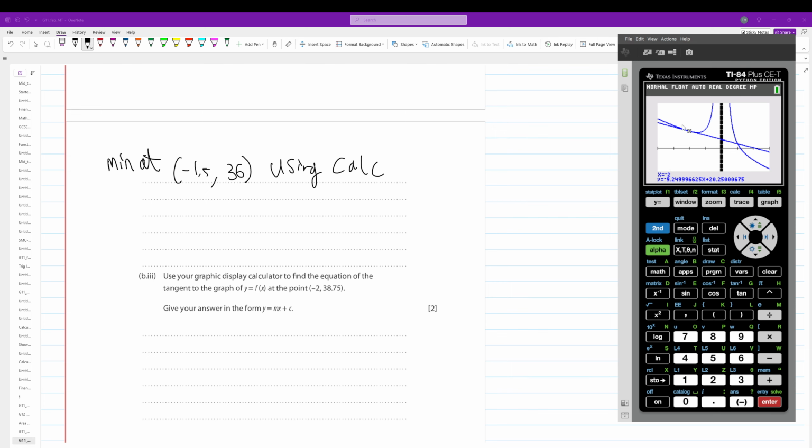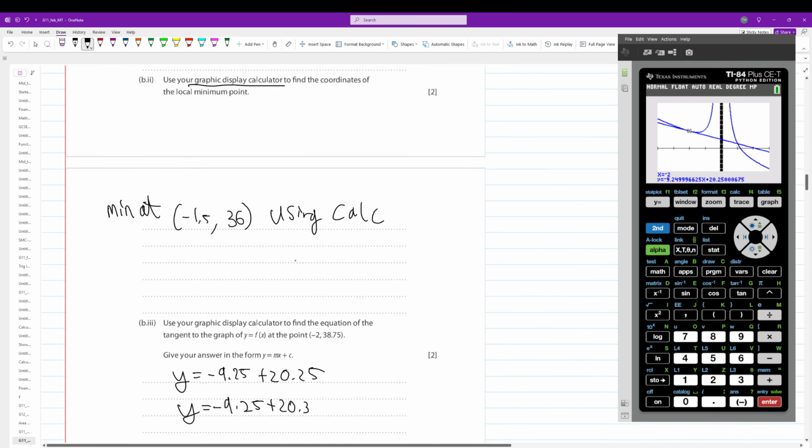So there we go. Y is equal to negative 9.25x add 20.25. Done. If you want to round both to 3 significant figures, absolutely you can. There we go.